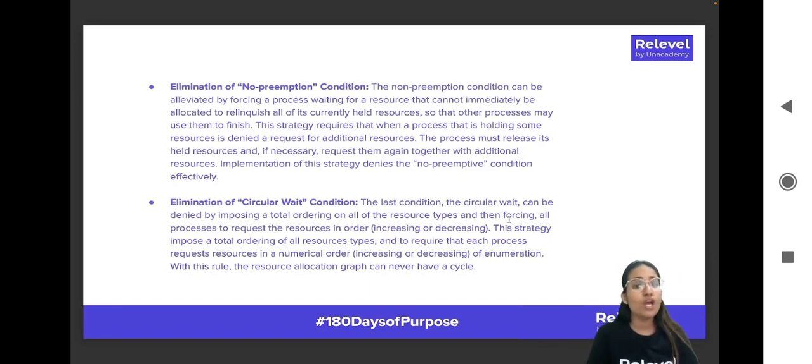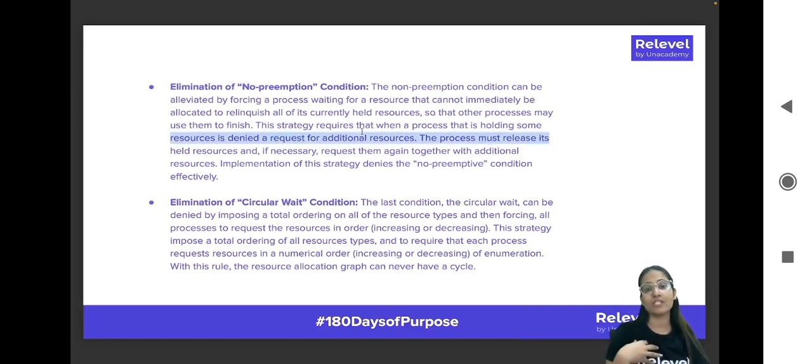This kind of strategy requires that when a process is holding some resources and is denied a request for an additional resource, that is where you can apply this strategy. The process must release its held resources, and if necessary it can request them again.